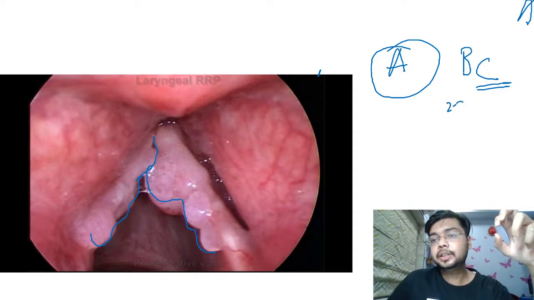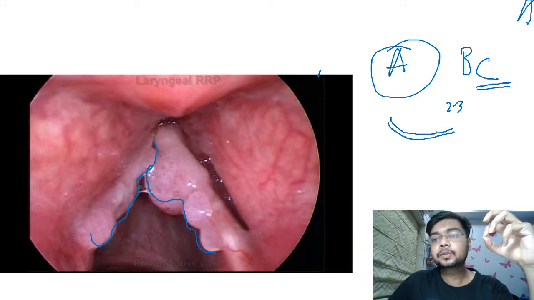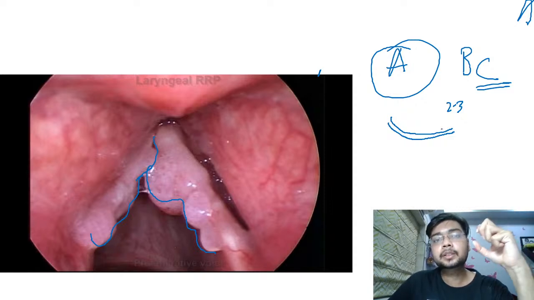You can use size 2 to 3, and the main thing is that they should not have any cuff. Mostly these are non-cuffed endotracheal tubes that we use in infants, right? The number is not that important, but the feature is they should not be cuffed.